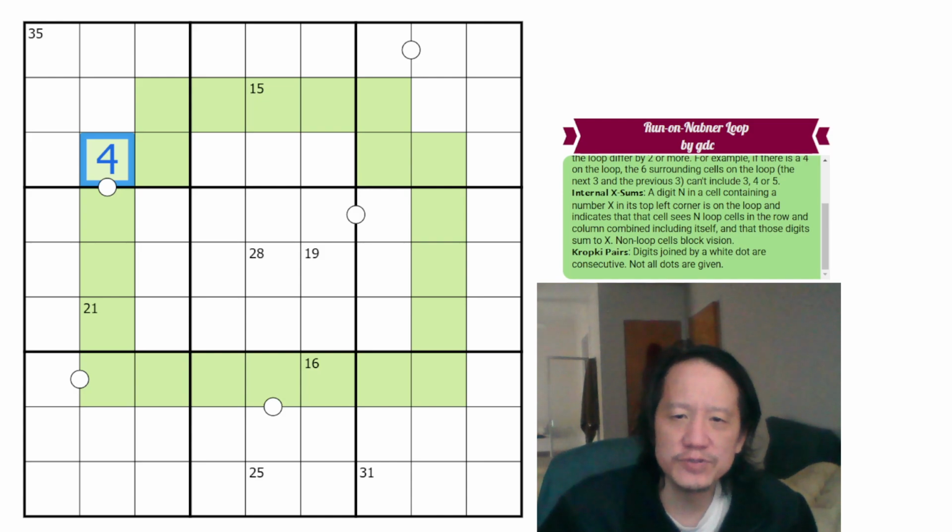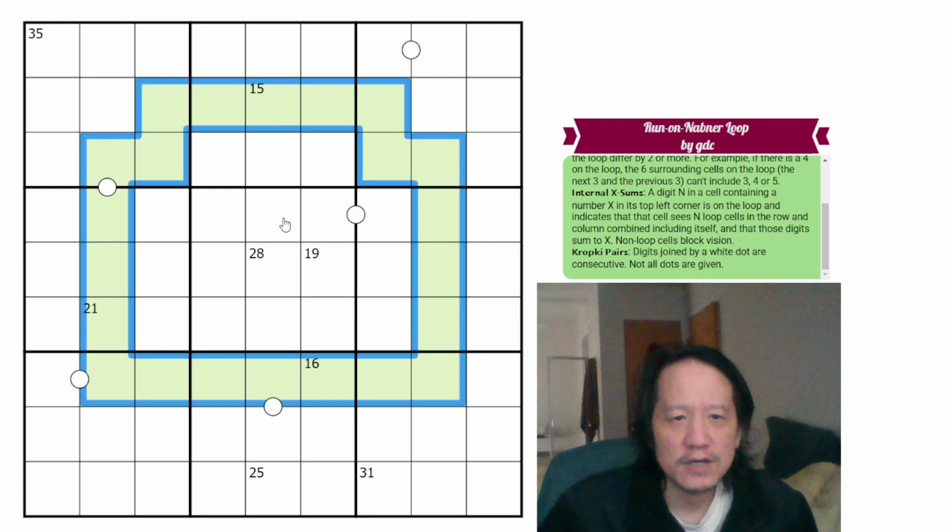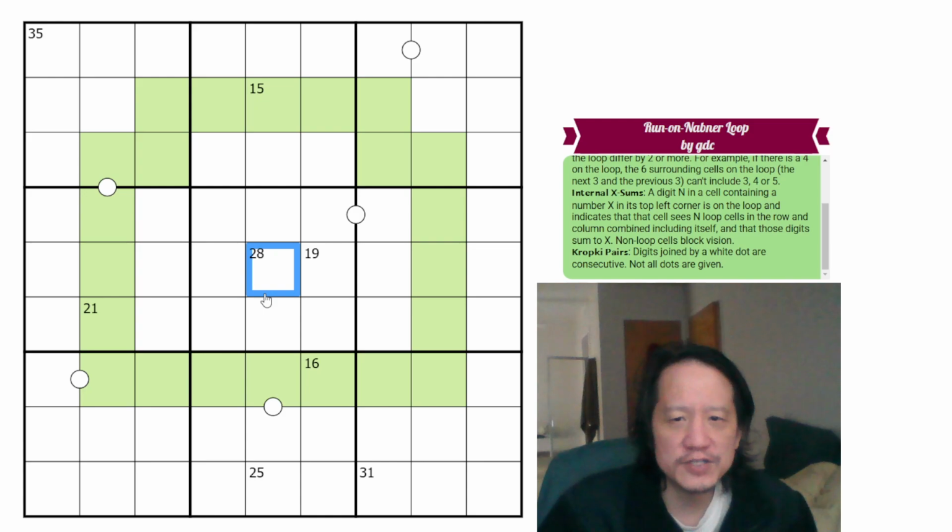Internal xsums. A digit n in a cell containing a number x in its top left corner is on the loop. Okay, so another reason why this doesn't work as a loop is that every cell with a number in the upper left corner is on the loop.